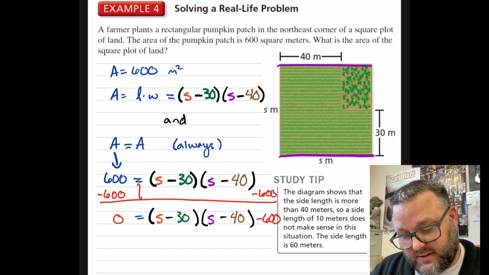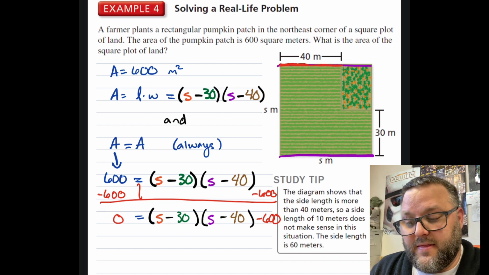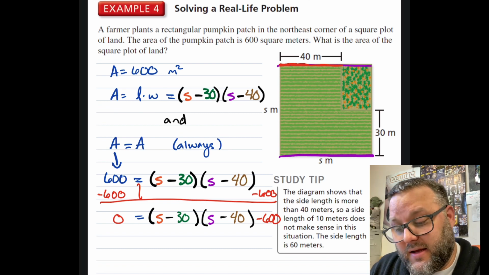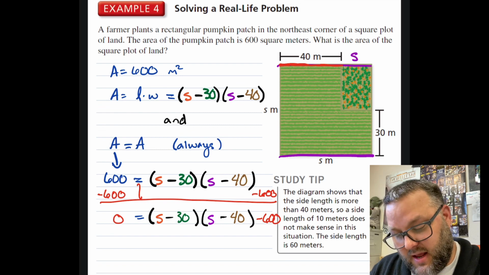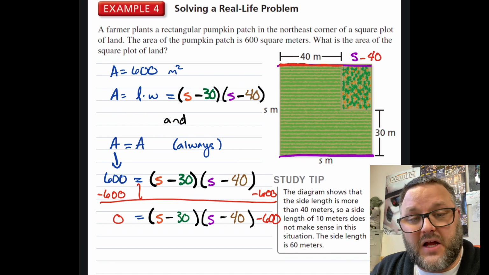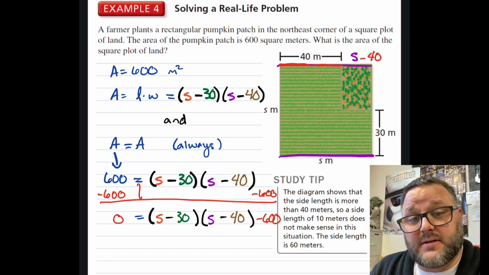So the next fact that I know is if I start here and I just erase essentially that much of my line, what I have done mathematically is I've taken the entire length of S and I have taken off 40 meters. Now, I'm not putting the meters here because I don't want to worry about the labels until the very end. So I just leave that as S minus 40.